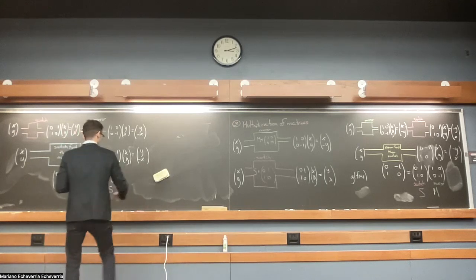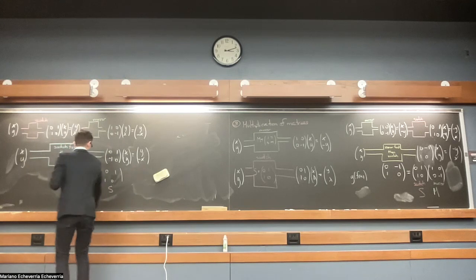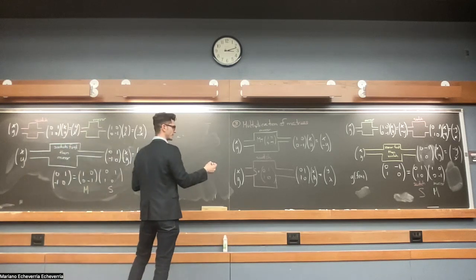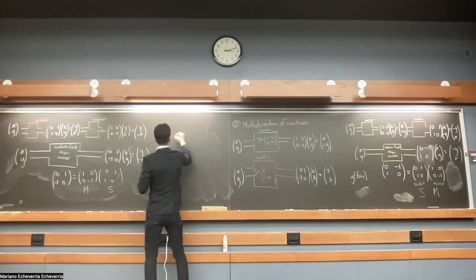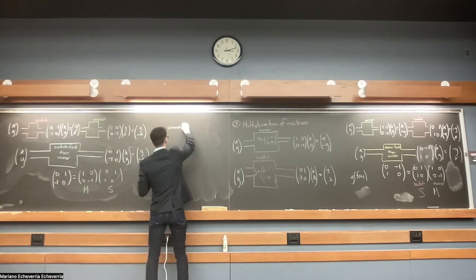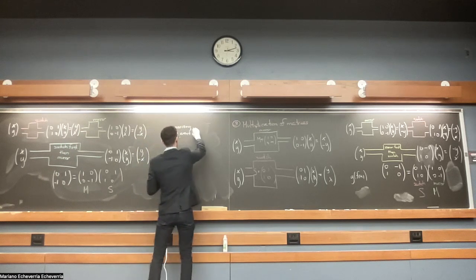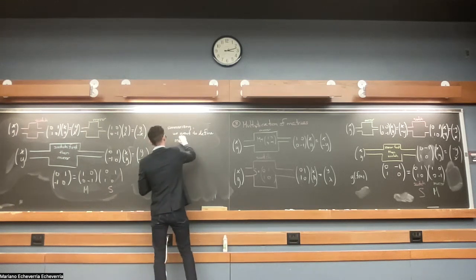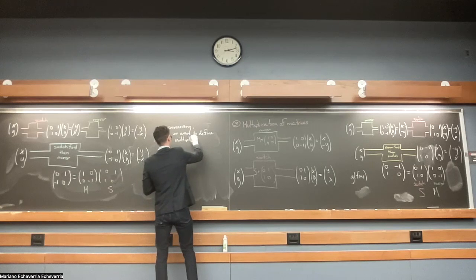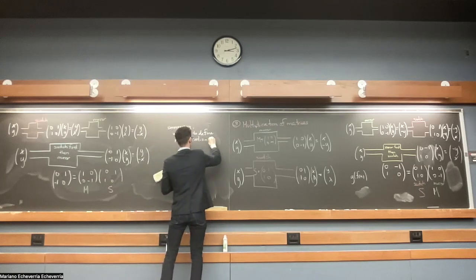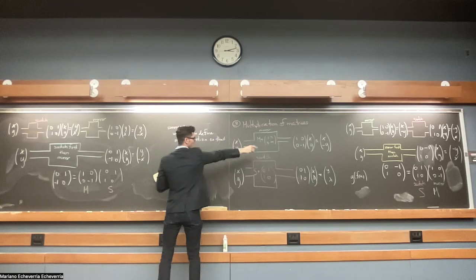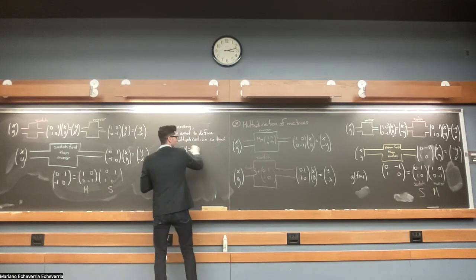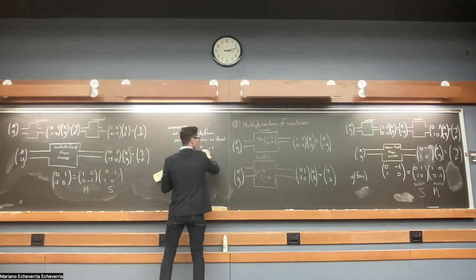What I'm trying to say is that for these particular choices of matrices that I wrote, S times M, we have to define multiplication so that when you do SM, you get 0, -1, 1, 0.